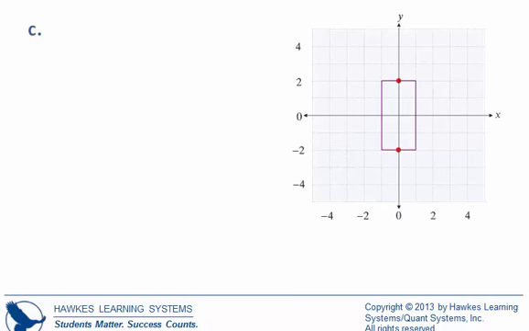For part C, we had the graph shown on the screen, which is a rectangle. The question again is, does the relation represent a function? The answer in this case is no, because you do have points that are aligned vertically.